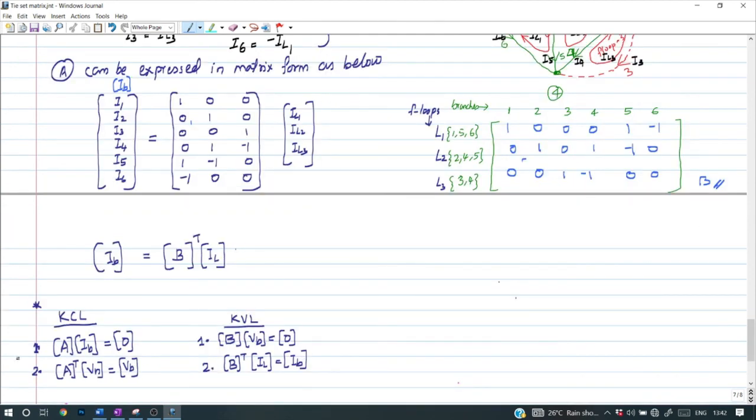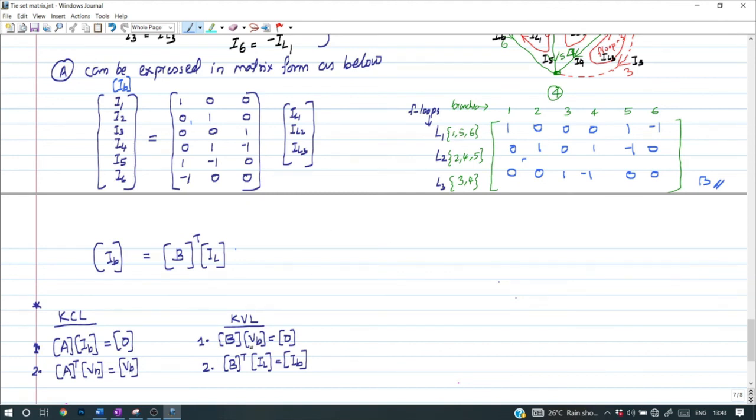Now we can conclude the two pieces of information which we got from KCL and KVL. From KCL we got incidence matrix into IB, the branch current matrix, is equal to 0. This is actually the KCL equation. Then from that we also got the relation between node voltage and branch voltage: A transpose into node voltage gives branch voltage.